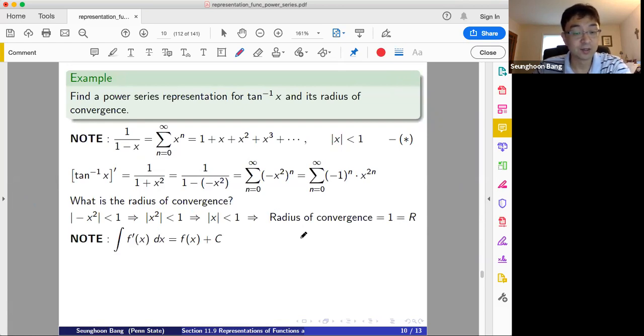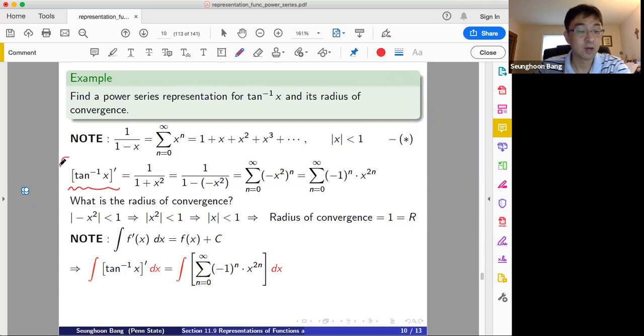The next step, we can use this one and take the integral of both sides. So what is the integral of inverse tangent of x prime? Exactly, the derivative and integral cancel, so we have just inverse tangent of x.